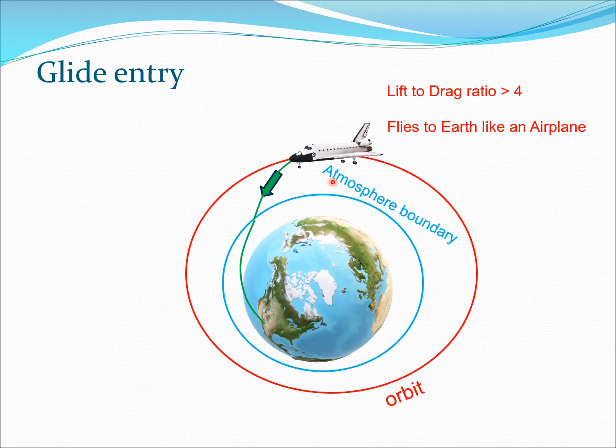Now the second case can happen if you do an entry which is divided into two basic parts. So essentially you come down, and as soon as you enter the atmosphere you try to glide down to some location on the earth where you can do a landing similar to an airplane.